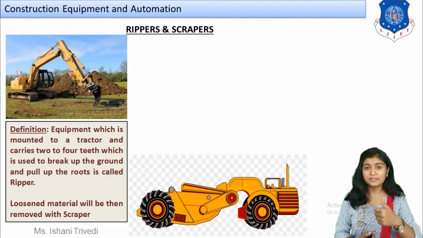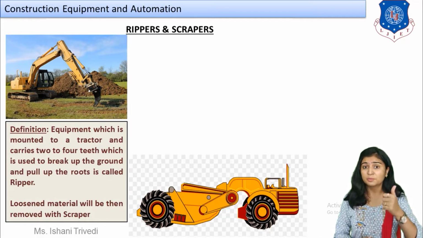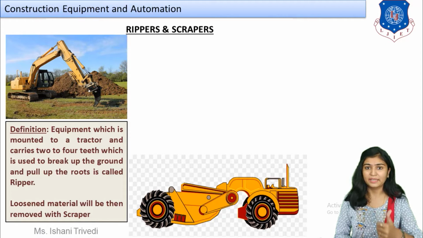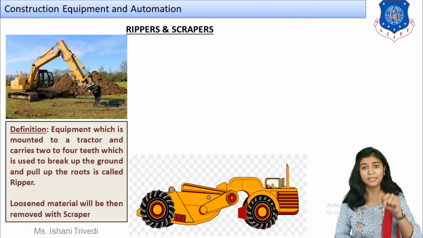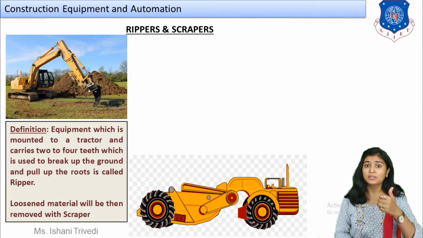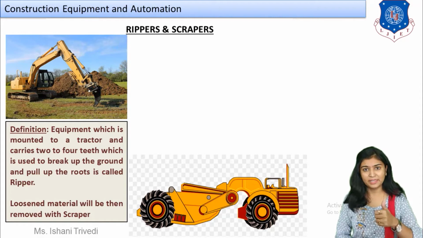So it is a part, a substitute, which is mounted to a tractor, and it carries 2 to 4 teeth, meaning sharp blades, at the front. In general cases it is 3 teeth, but you can also use the equipment with 1 tooth as well.